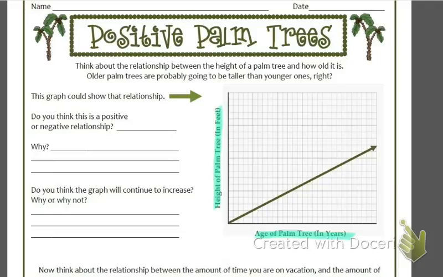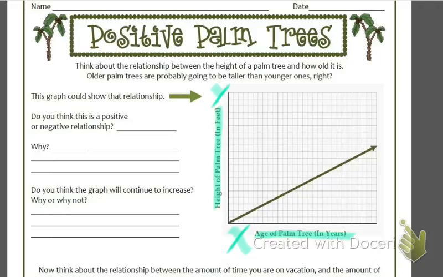So let's start with the y-axis. Remember, this is the up and down always, and then that one is your x. So as the height of the tree increases, it's also getting older. Or we could go back the other way. We could say as the palm tree gets older, it also gets taller. However you want to write that, we can write it in this area.